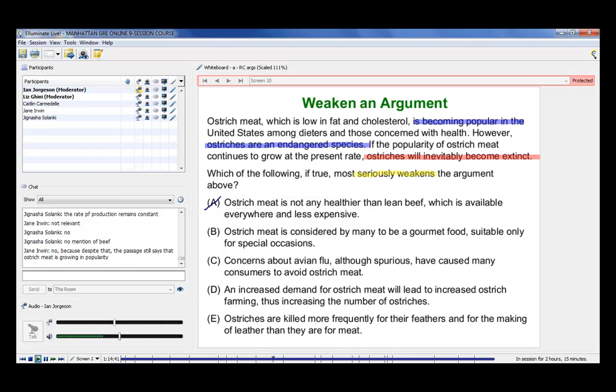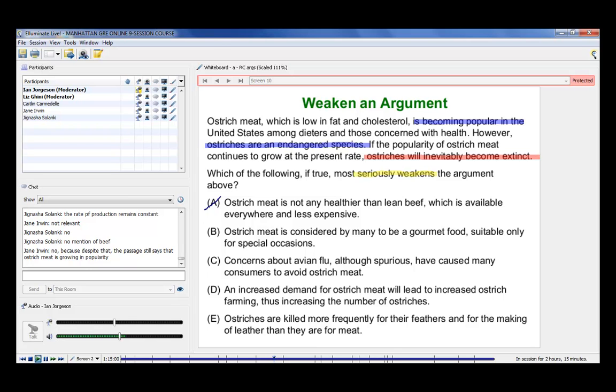A is weakening it by showing that people aren't going to be eating a lot of ostrich. But the argument is about eating ostrich. They're already telling us people are going to do that, and if they do it, it's going to go extinct. So this answer is attacking a premise, or in this case premises, instead of attacking the core of the argument.